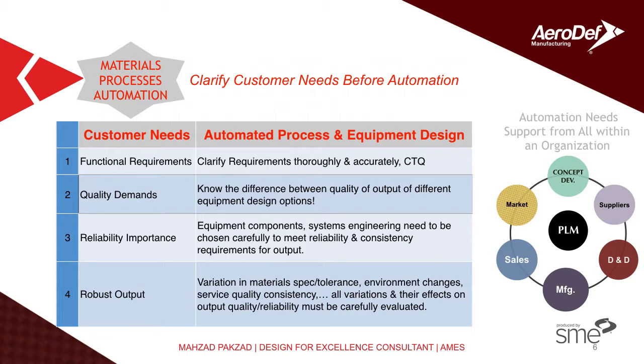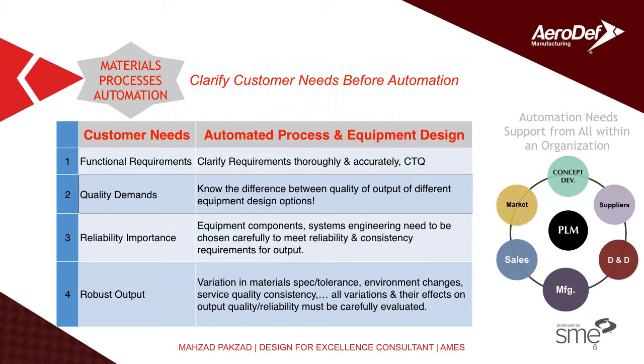Quality demands. People need to know the quality required by the customer. What is the customer demanding quality-wise? Because you can build a Hyundai or you can build a Rolls Royce as a piece of equipment to do the job.